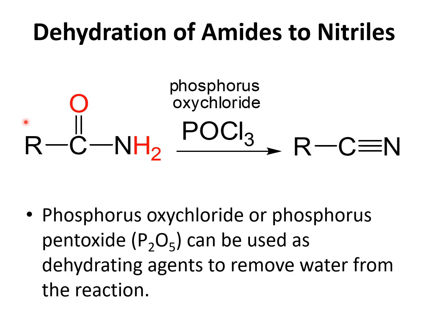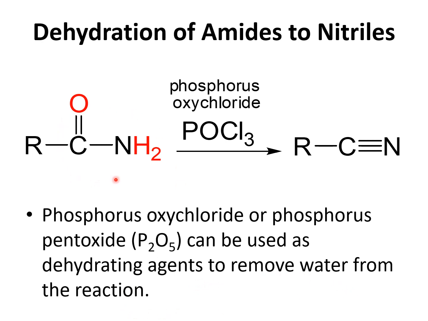And then this is also important: dehydration of amide to nitrile. Dehydration means that you need to remove water. Usually in this case you use phosphorus oxychloride POCl3 or phosphorus pentoxide P2O5 as dehydrating agents to remove water from the reaction.